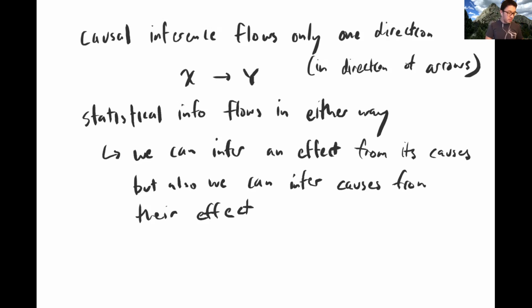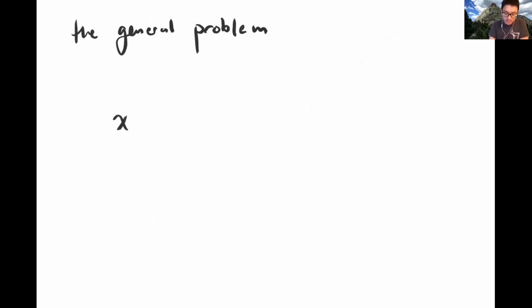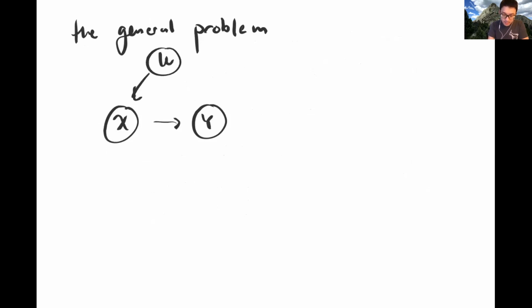So to give a general sense of what our issue is, the general problem is something like this. We have our x, and we have our y, and then we have unknown variables.